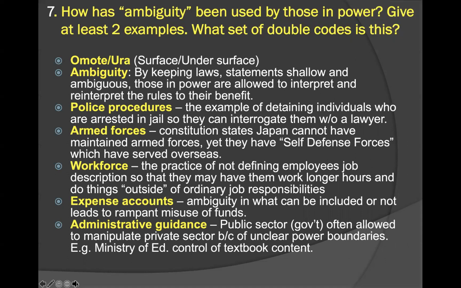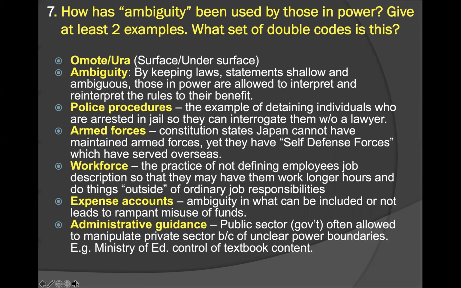Omote is visible activity on the surface, and ura is the hidden activity going on under the table, so to speak. And when we talk about ambiguity, we mean that by keeping laws and job descriptions, for example, shallow and ambiguous, people in power are allowed to interpret and reinterpret the rules to their benefit.